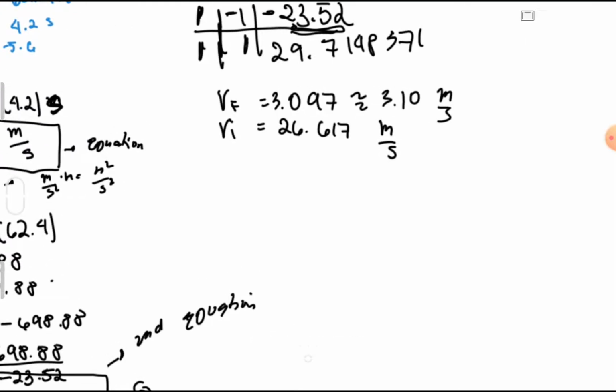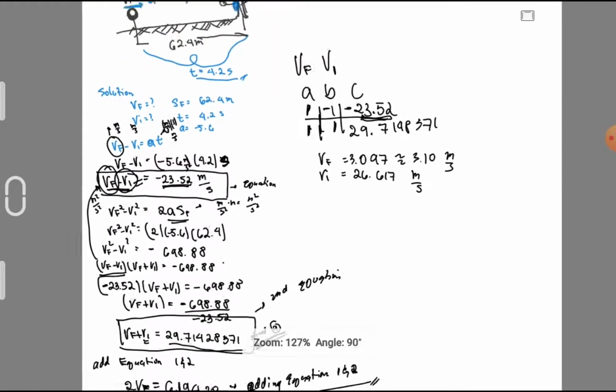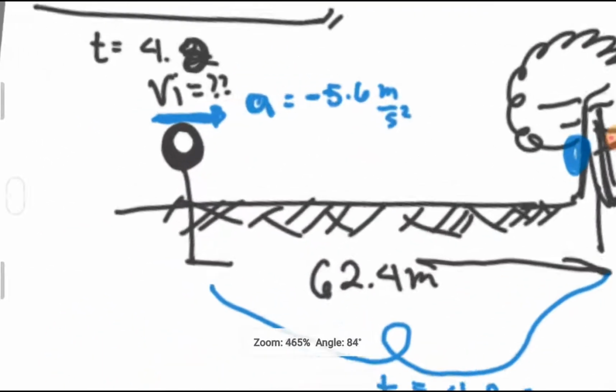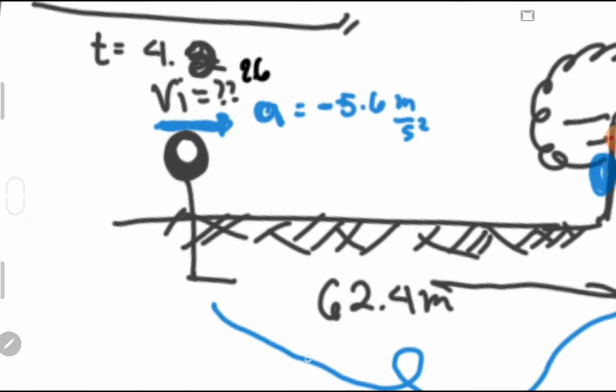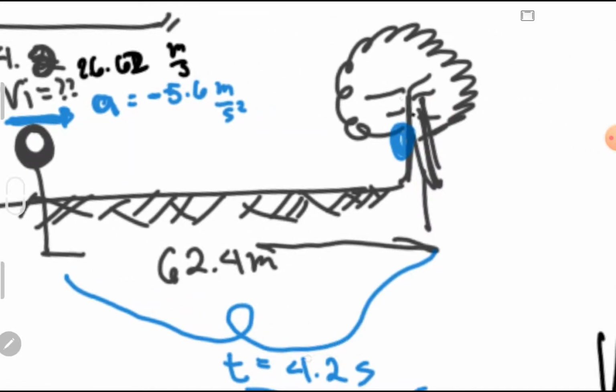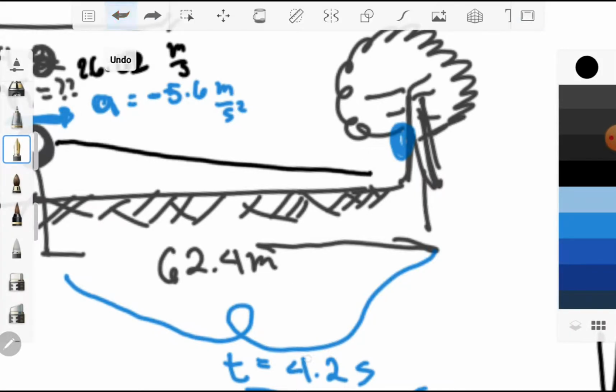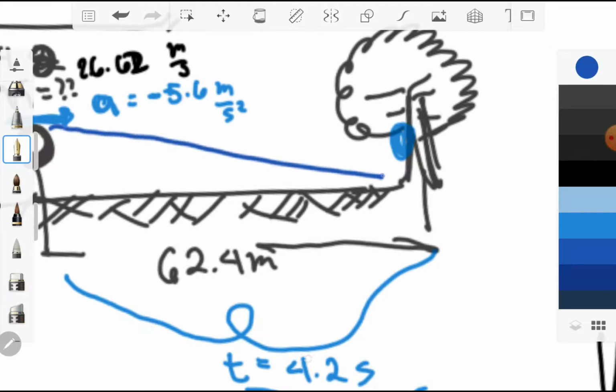Particularly, your VI, nung hindi pa niya nakita yung track, yung VI nyo is 26.6162 meters per second. And then, nung bumangga siya dito, nag-decelerate siya kasi nga nag-hit siya ng brake. Okay? To 3 point. Pag gagawa ka ng graph ng velocity mo, mapapansin mo na mas mababa siya kaysa sa initial mo. Okay? So, ito yung graph niya.